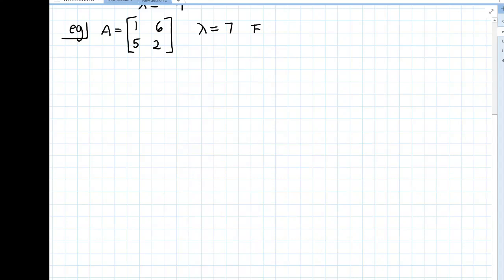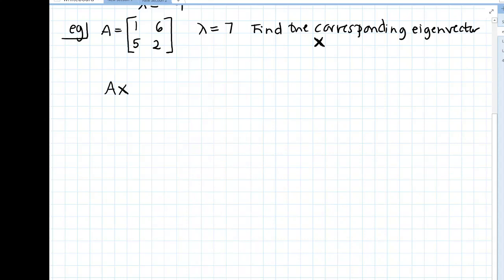And we want to find the corresponding eigenvector. And let's call it x this time. So basically what we're trying to find is a vector x such that A times x is the same thing as 7 times x.